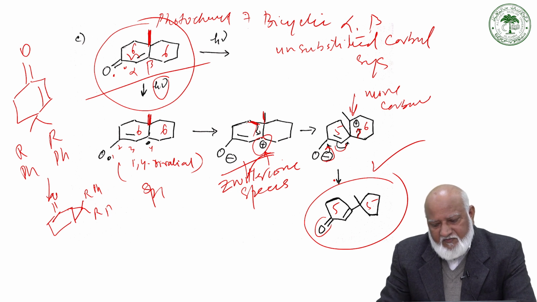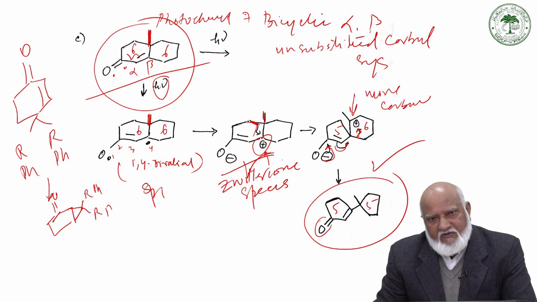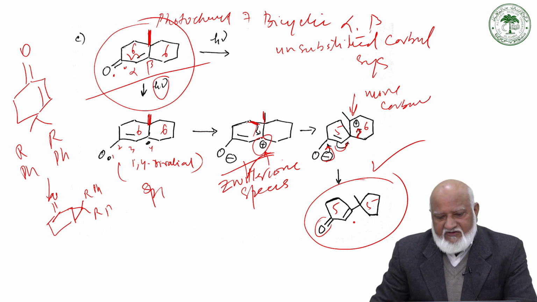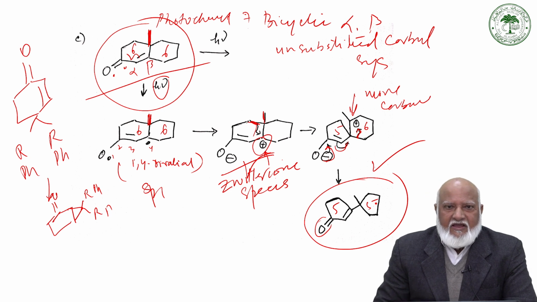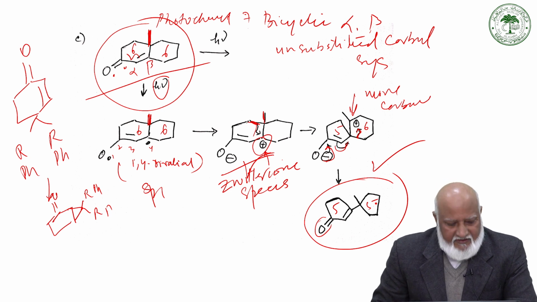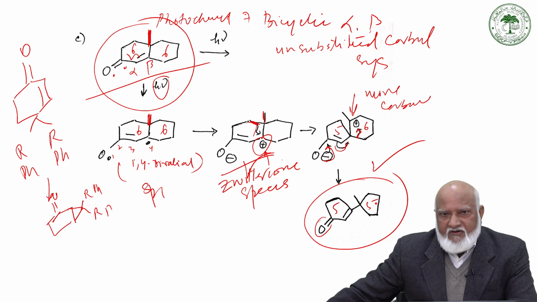O minus goes back to generate a carbonyl, the double bond shifts, and then the other 6-member ring contracts to give a 5-5 ring system. So again you can see a very nice rearrangement in this particular case as well.